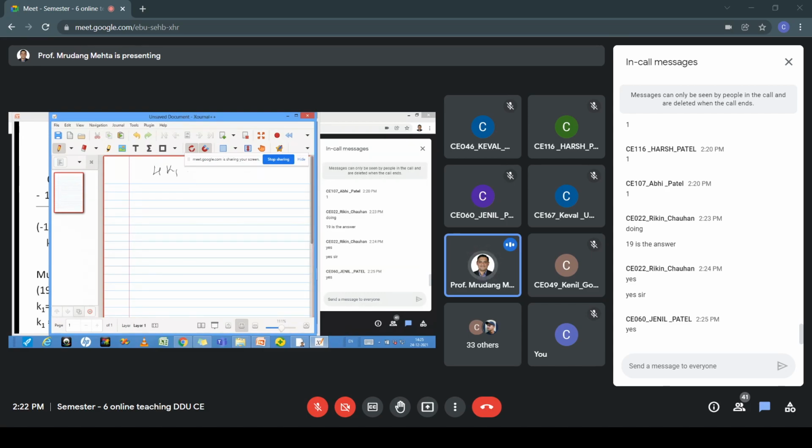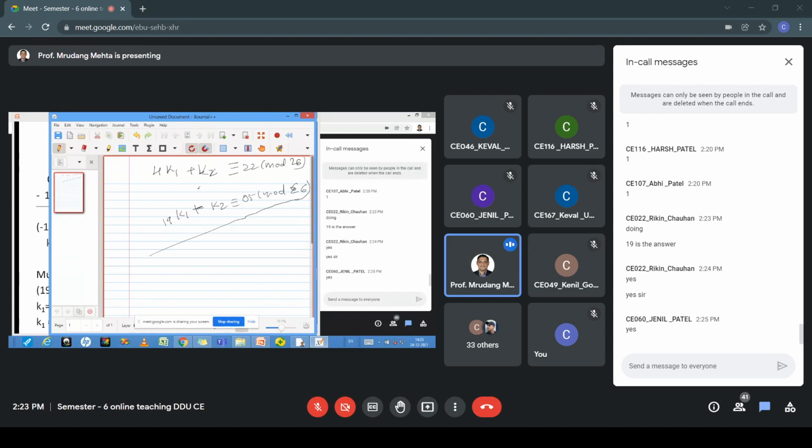For K1 plus K2 congruent 22 mod 26, and the second one is 19 K1 plus K2 congruent 5 mod 26, right?